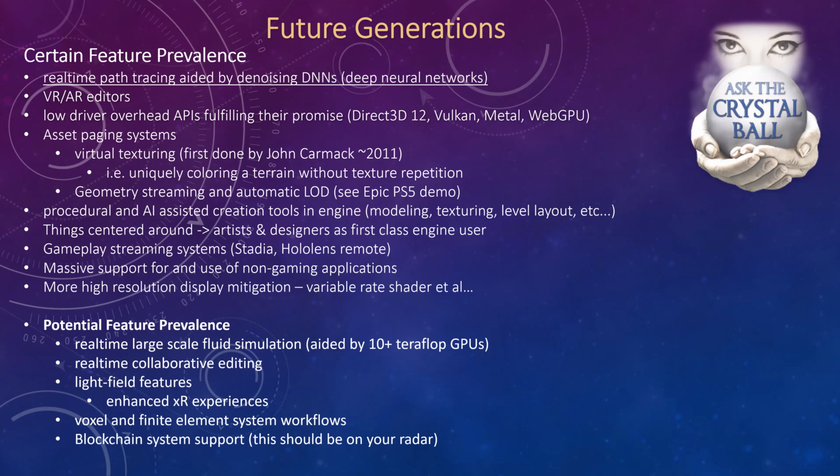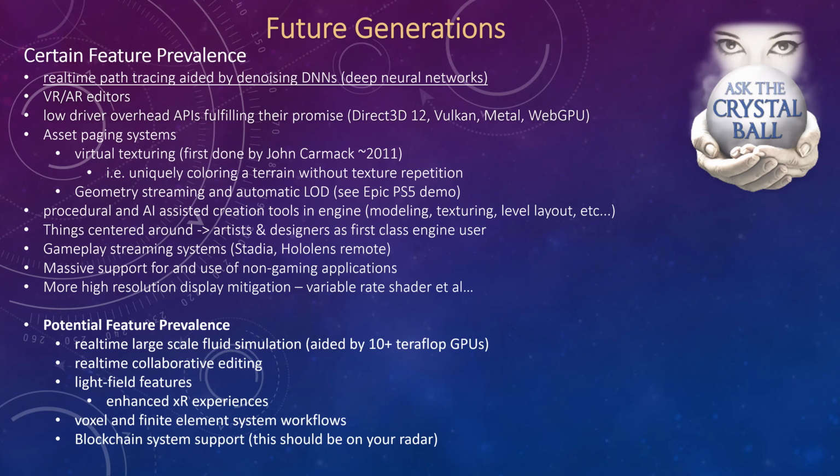And then, of course, more high display mitigation. There's this idea of variable rate shading, where there are some smarts on the video card where it could decide that, hey, this is a very low contrast area of your screen, right? If you can imagine you have a green box and the color isn't likely to vary very much across the surface of this box, well, it could pretty much render at a lower resolution and then fill that in.